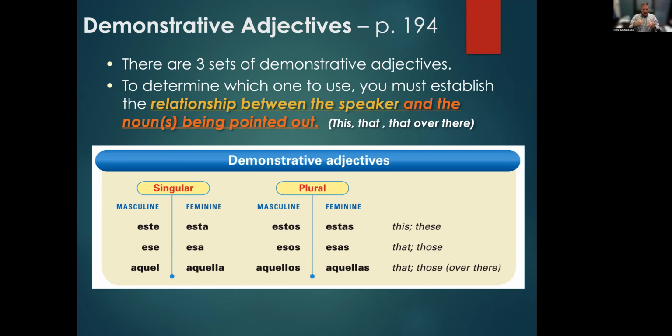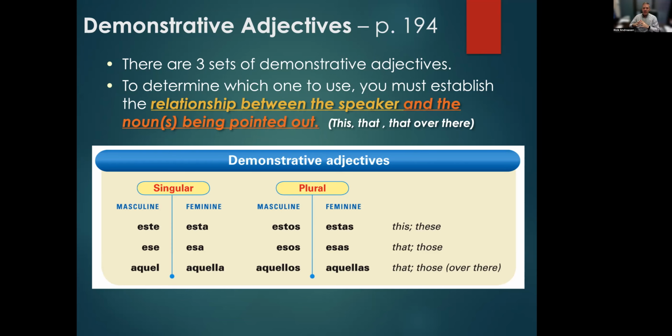So I have this one here that's with me. I have those that are right there. And then the third form, aquel for masculine singular, no O. Aquella for feminine singular. Aquellos with an OS and aquellas. And that whole bottom third line is those over there. So I have this, that, and those way over yonder. So that's the three distinctions.